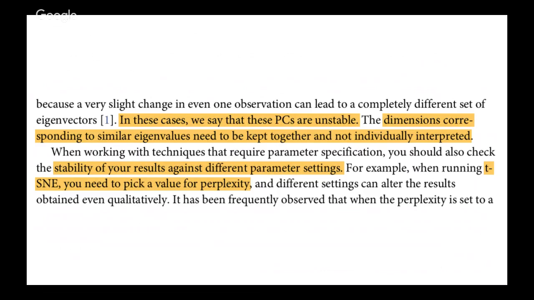And in regards to methods that need parameter setting, the stability of the results against different parameters is important, and you can avoid issues like this by doing parameter sweeps. An example of this is the t-SNE method, where you need to pick a value for perplexity.